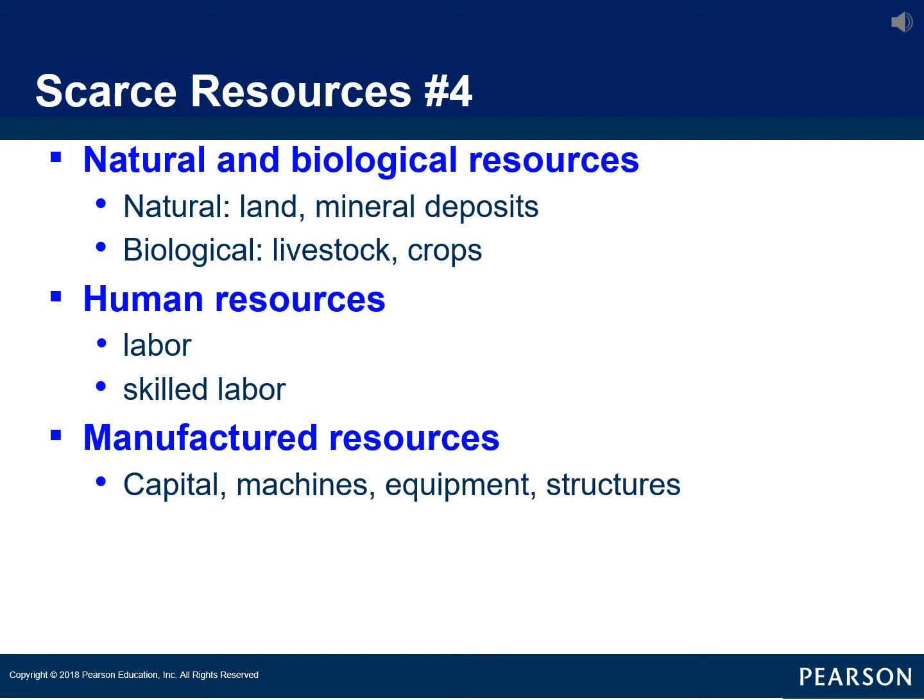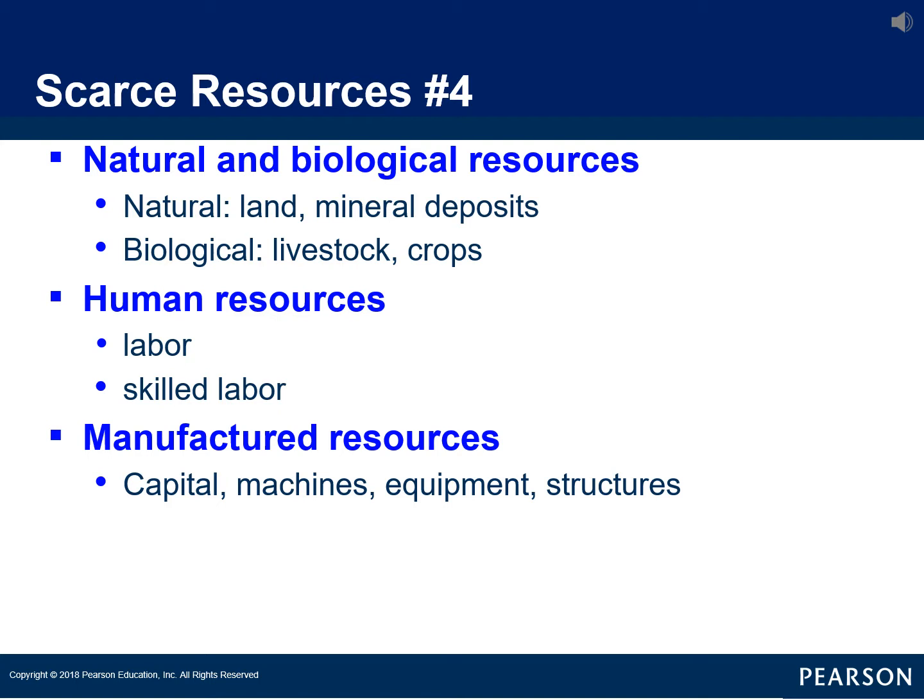So there are natural and biological resources that producers, specifically farmers, utilize, which include land, soil, livestock, and crops. There are human resources, which include labor and people that contribute to make sure that a product is made. And there are manufactured resources, so machinery, equipment, things like that it takes to produce a product.